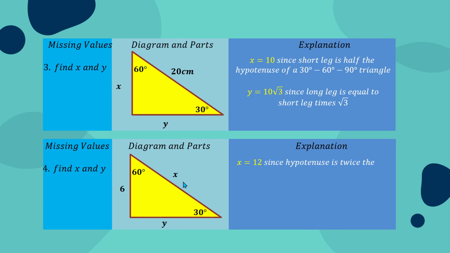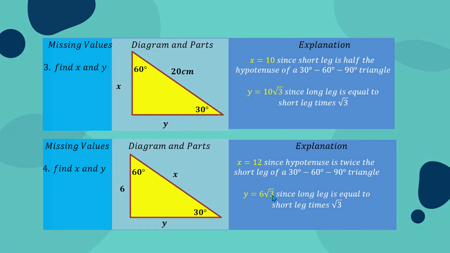So our hypotenuse is twice the short leg. So therefore, the value of x is 12 since the hypotenuse is twice the short leg of a 30, 60, 90 degree right triangle. While the value of y, or the long leg, is 6 square root of 3. Why? The long leg is equal to short leg, which is 6 times square root of 3. Munang 6 square root of 3.